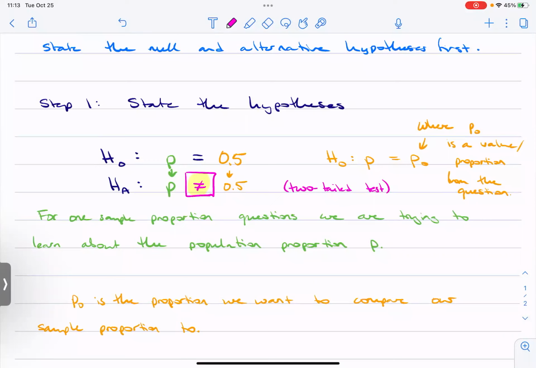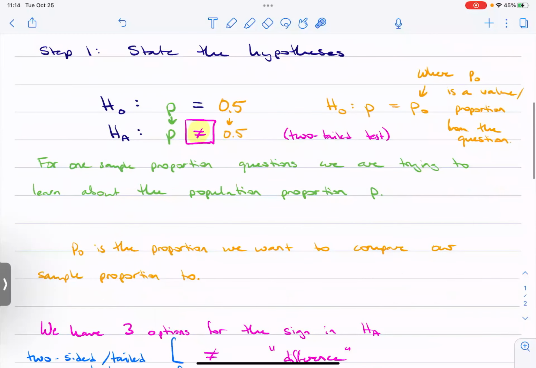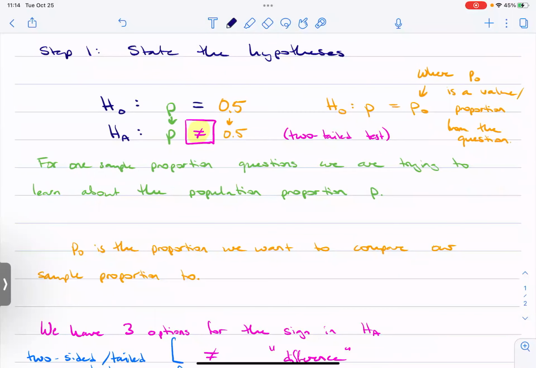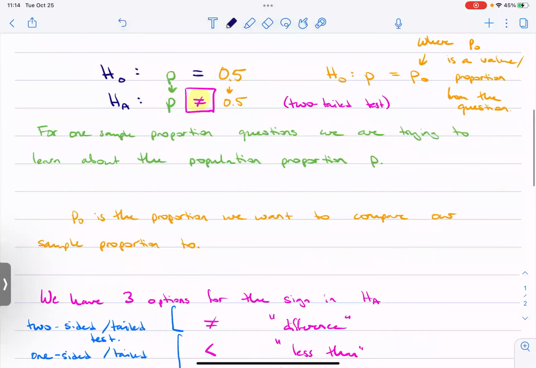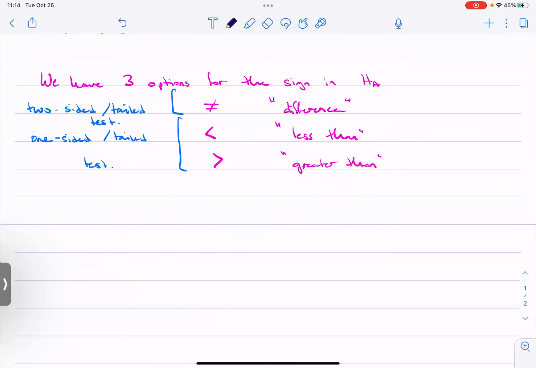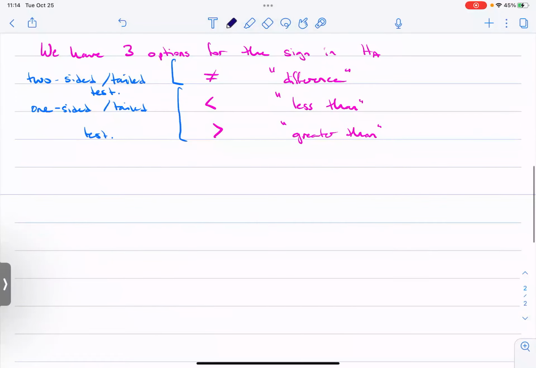The difference between confidence intervals and hypothesis testing is that for our conditions, or our assumptions, we're going to use P naught to check these assumptions instead of P hat. It's such a small change, but it's pretty confusing, I think. Make sure I didn't skip anything because I kind of went rogue. Okay, so put it on a fresh page here.